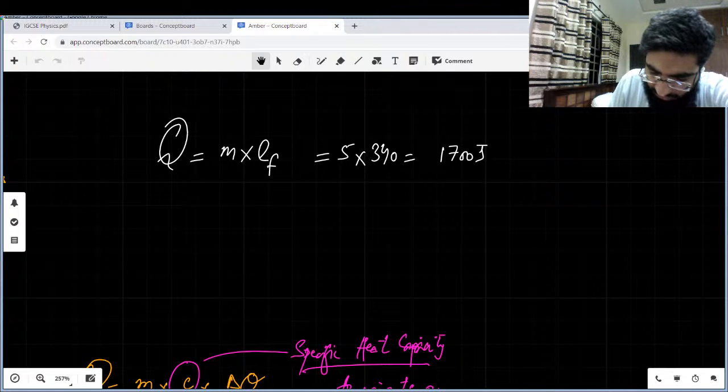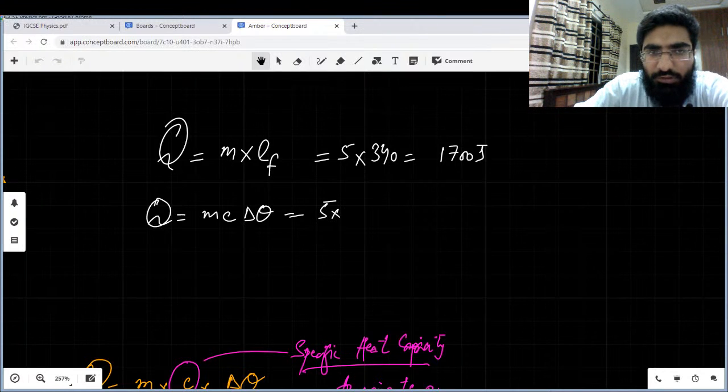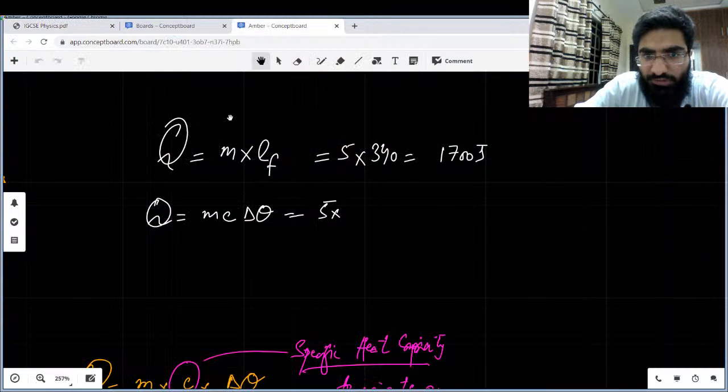Okay, and then I'll do Q is equal to mc delta theta, because this 5 grams, now I have to increase its temperature, so it would be 5 times C for water, which is 4.2, because it's now water whose temperature I'm raising.